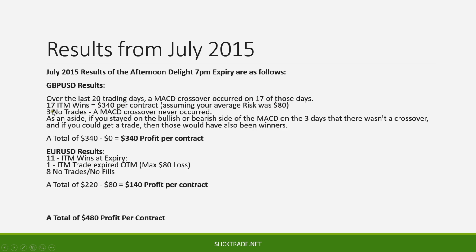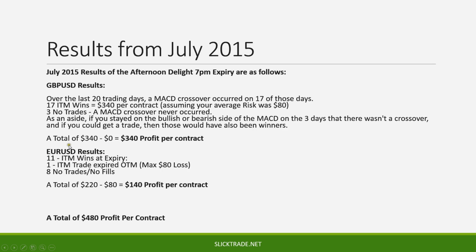There were 3 no trades. A MACD crossover never occurred. There were no losses. So in this example, it brought in $340 profit per contract.